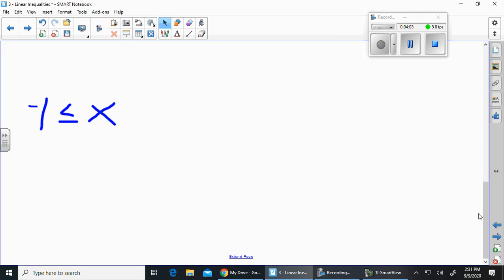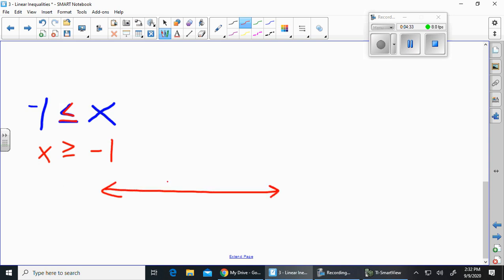I tell people, if you think less than means left, that's when the variable is to the left. So can you switch this around and put x there and put -1 there and look at it opening up towards the x? So those are numbers that are greater than or equal to -1.